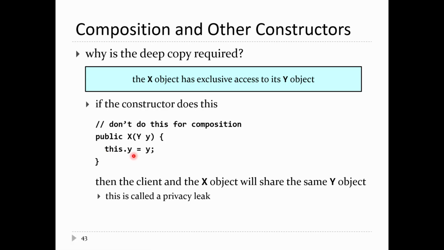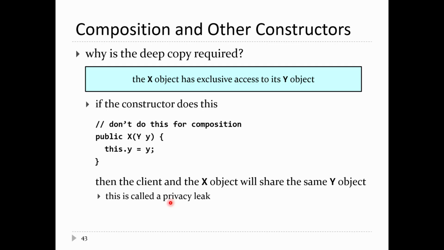So the x object no longer has exclusive access to its own y object. It's sharing it with whoever called the constructor. Both the caller and the x object share a reference to the exact same y object, and now you potentially have a problem. It's no longer a composition.